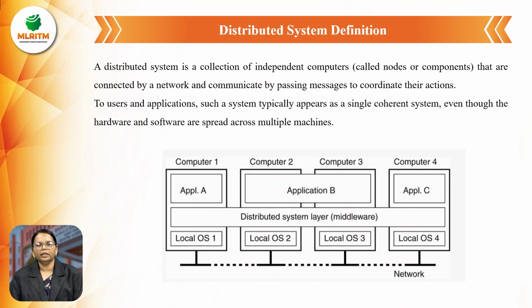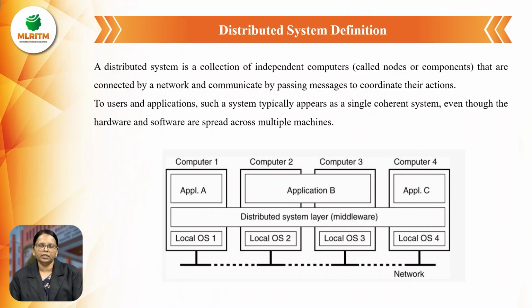A distributed system is a collection of independent computers, called nodes, components or workstations, that are connected by a network and communicate by passing messages to coordinate their actions. To users and applications, such a system typically appears as a single coherent system, even though the hardware and software are spread across multiple machines.